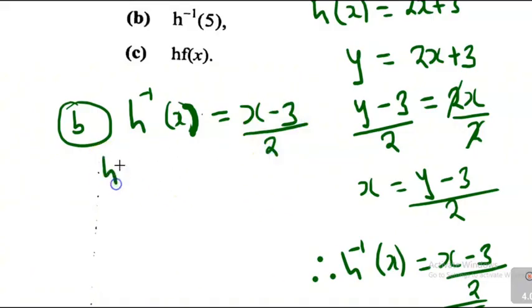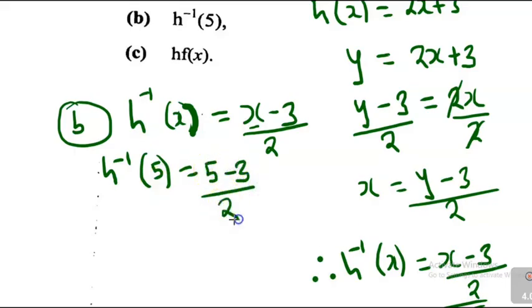They want you to find the h inverse of 5. So on this same function where there is x, we substitute 5, where we say 5 minus 3 over 2.